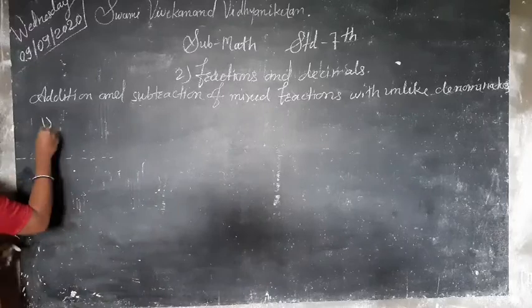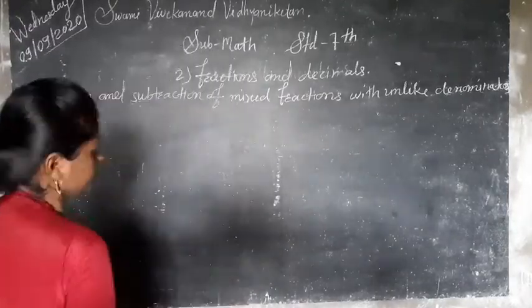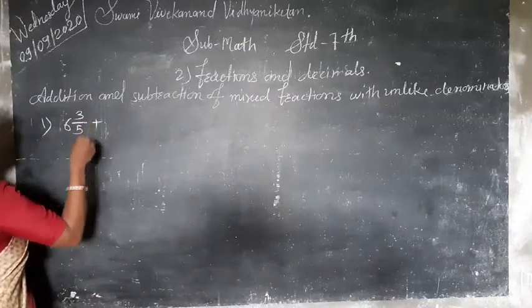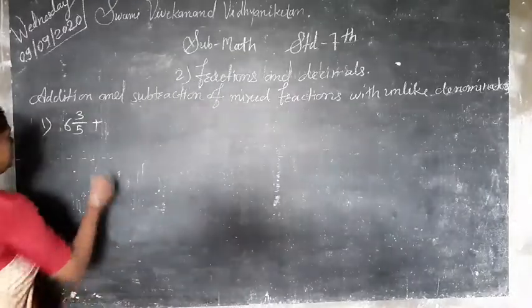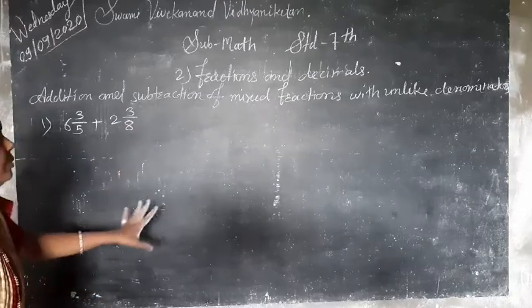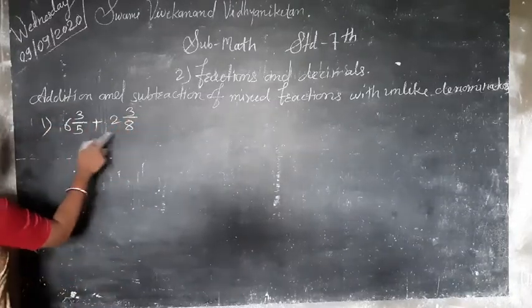So your example is 6 3/5 plus 2 3/8. So this is the example of addition of mixed fractions with unlike denominators.